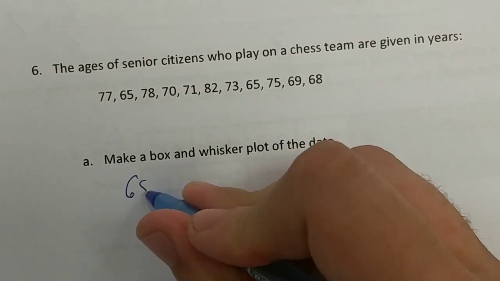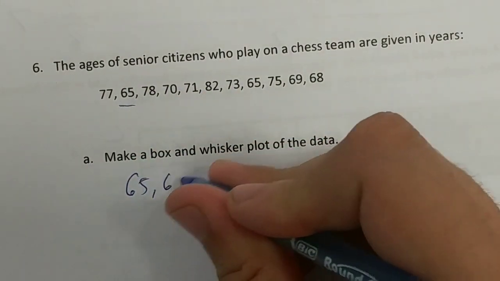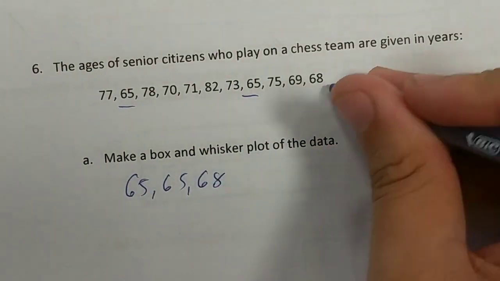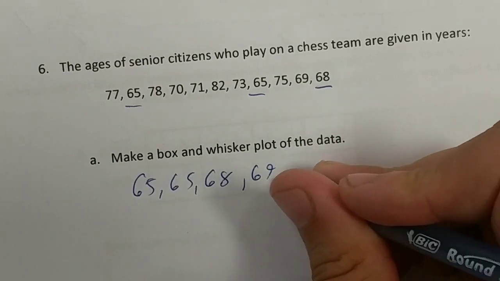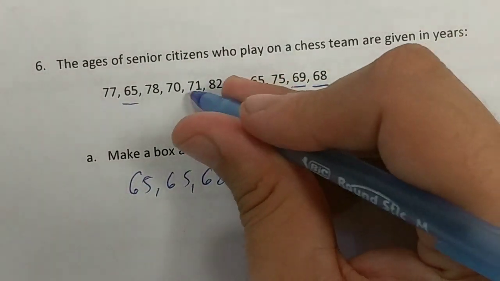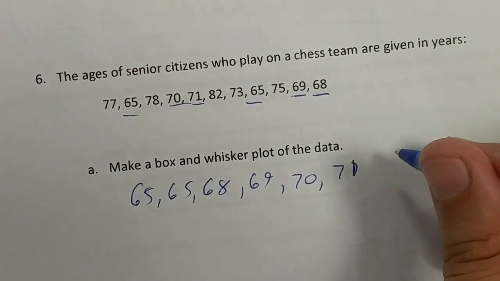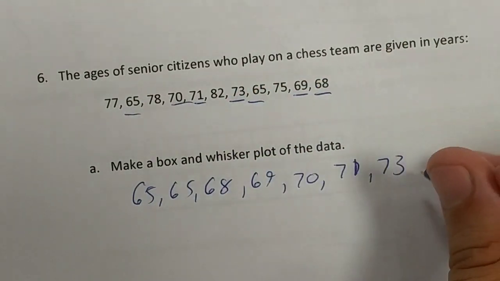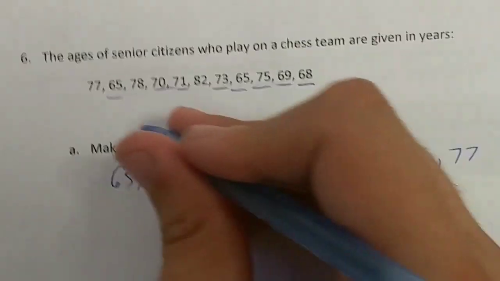So I'm going to do 65. Another 65 I see. I see a 68. 69. If you yell long and hard enough, maybe I hear you if I make a mistake. 70. 71. 73. 75. 77.